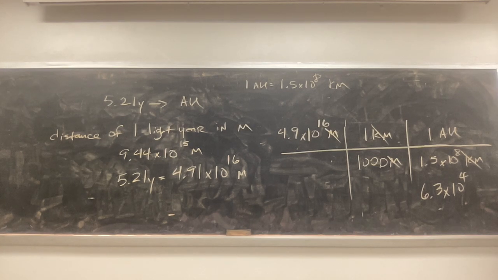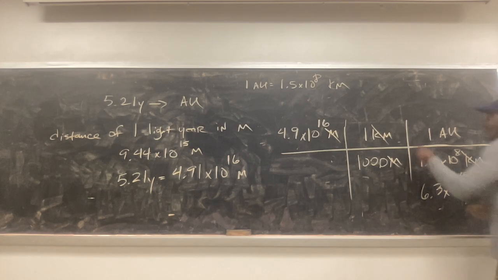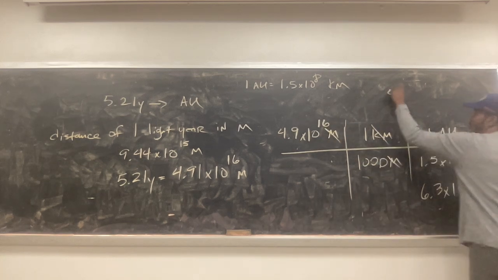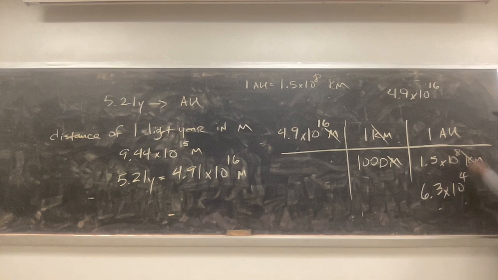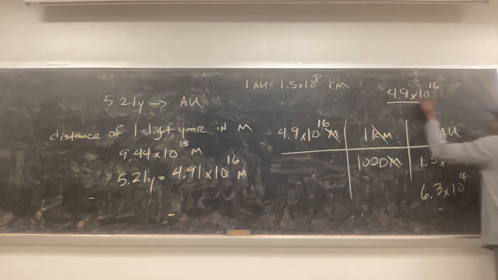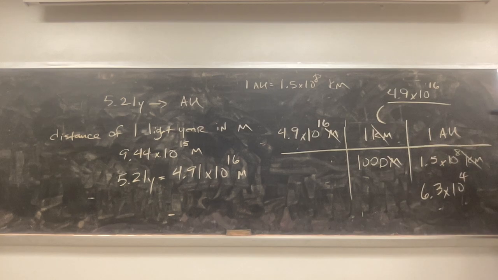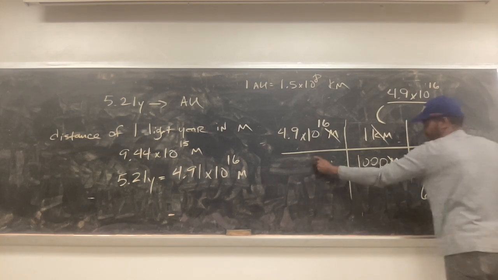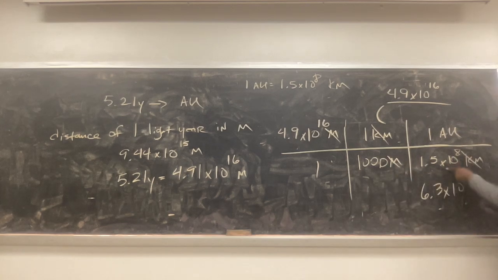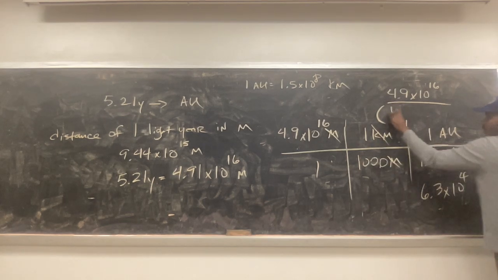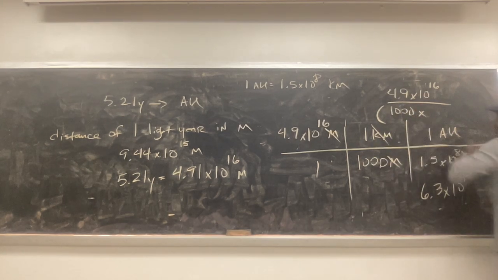So, everything across the top is 4.9 times 10 to the 16, divided by, open parentheses, everything across the bottom: 1 times 1,000 times 1.5 times 10 to the 8.